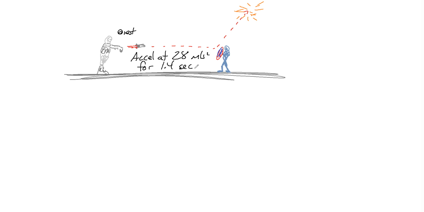Okay, then it hits his shield, and after it hits the shield, maybe the boosters are all out, doesn't matter. This part over here, it's going to move at a constant speed for 0.35 seconds before it explodes.